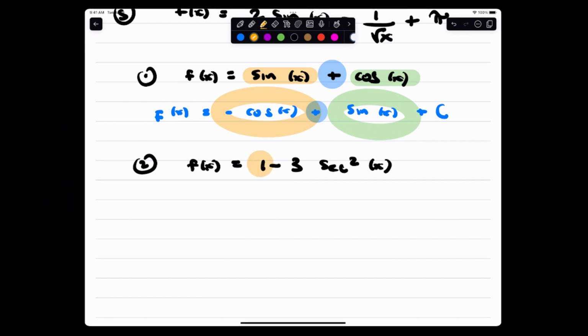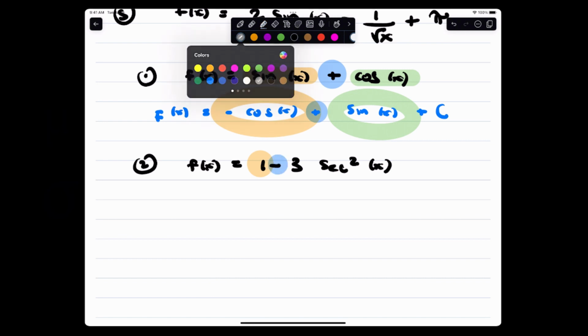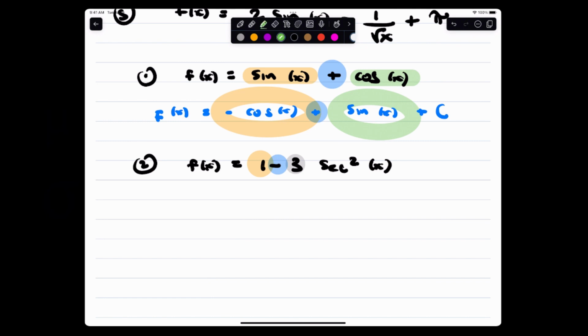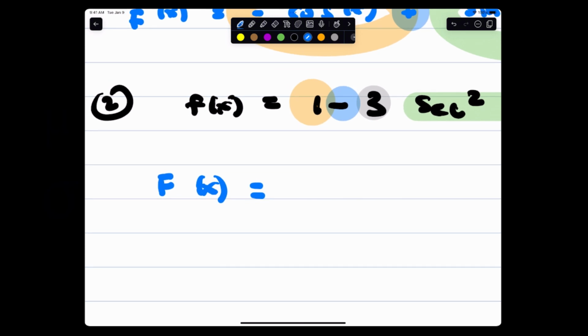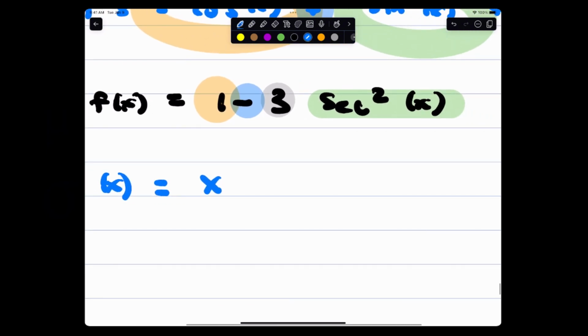Then I have this subtraction operation, a constant, and then I need the antiderivative of secant squared. That's going to be a big F, the antiderivative notation. What's the antiderivative of 1? X. Good. And then you have this subtraction and the constant 3 there.